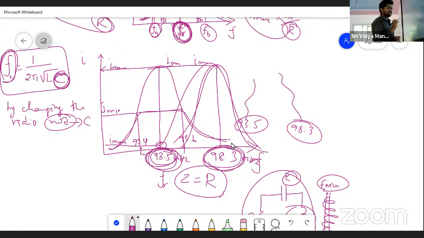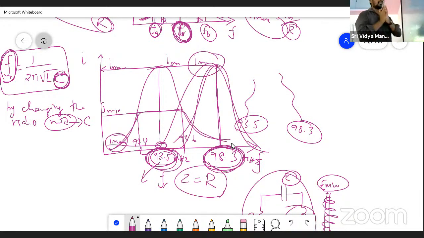The current is minimum, so the signal is negligible and not selected. Only the 98.3 megahertz frequency is selected, where the current is maximum. The remaining radio station signals are not selected. So these are the resonance conditions of the tuning circuit.